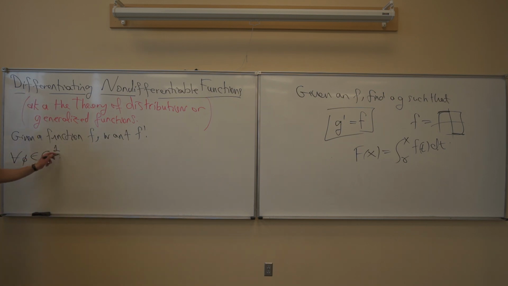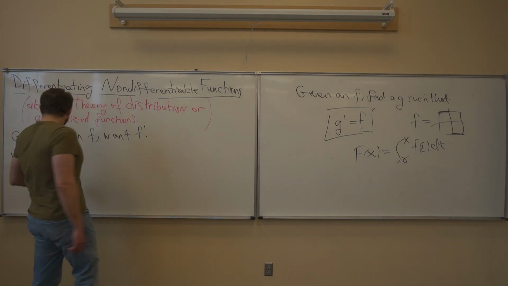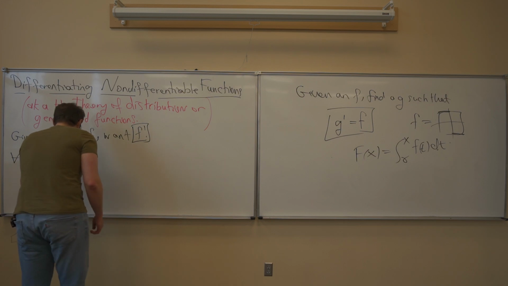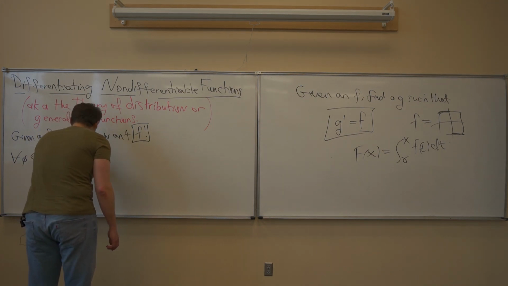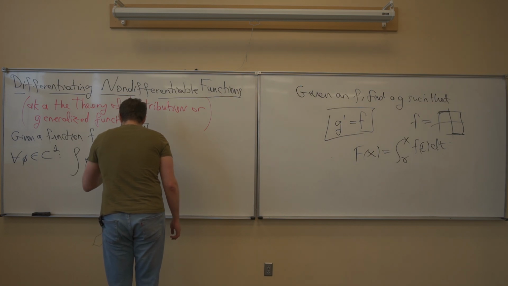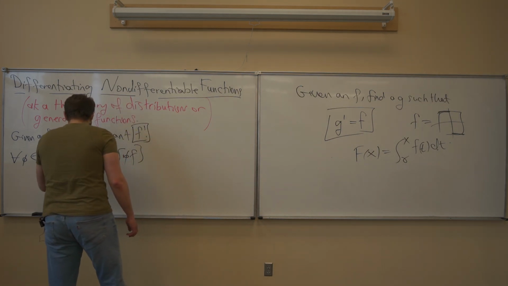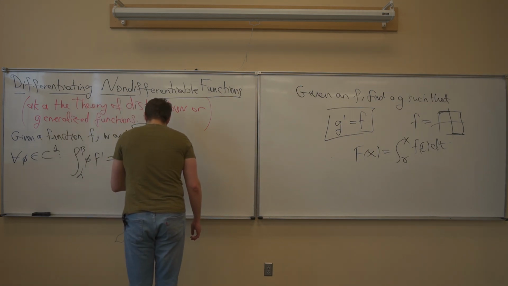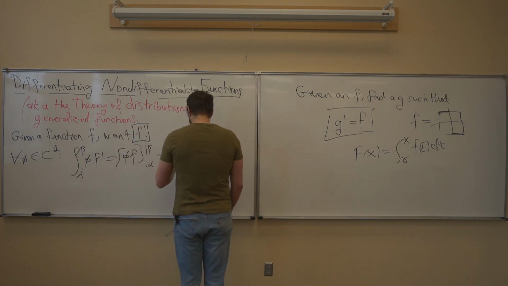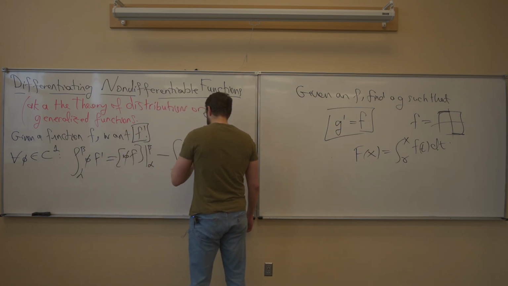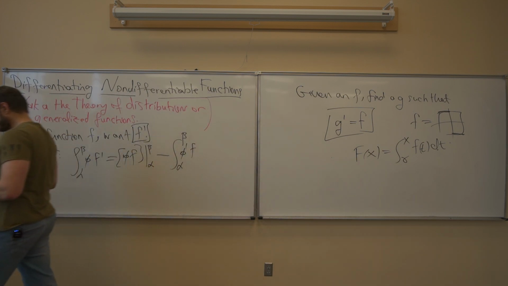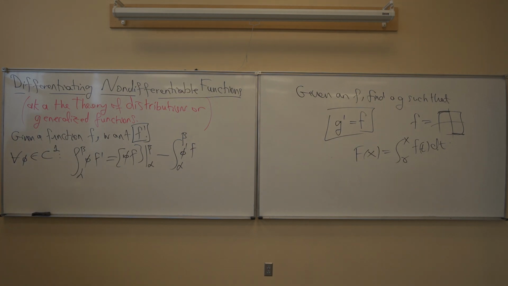But what I can do is, if this is my unknown, it would need to fit into this equation. Let's say from alpha to beta, and then minus the integral of phi prime f from alpha to beta. This is integration by parts.